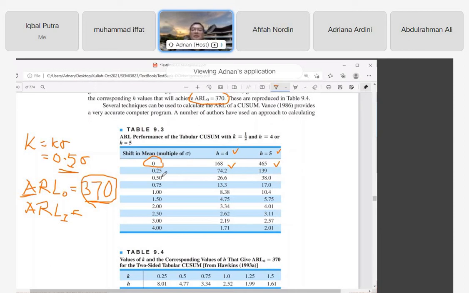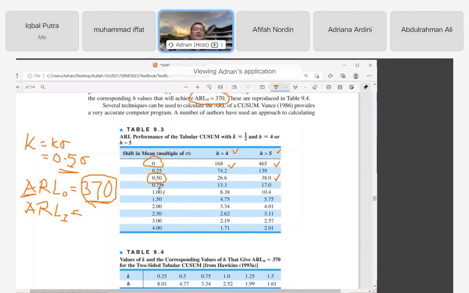But when there is a shift, let's say a shift of 1 sigma, sorry, the shift is 0.5, then at H equals 5, only after 36 points can it detect.